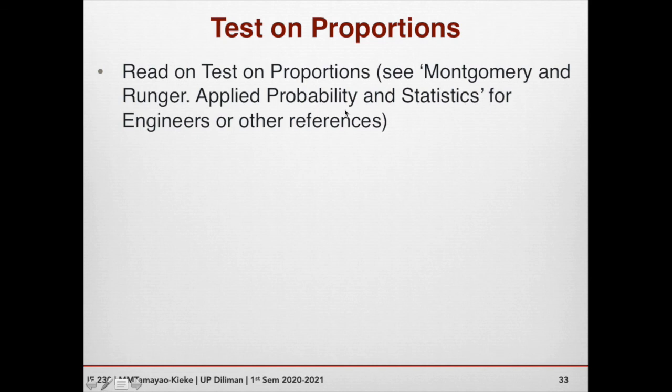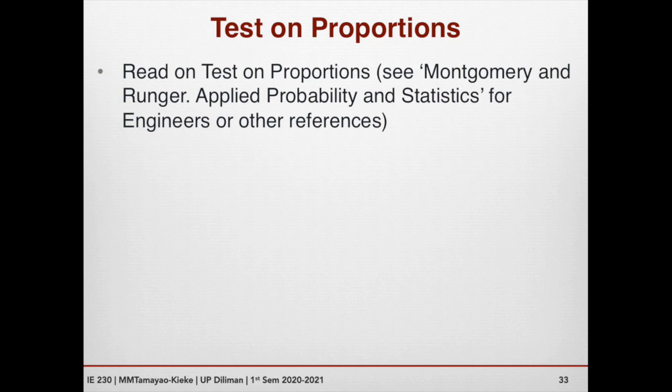There are other references. If you observe the pattern, there is a pattern in how to implement a test of hypothesis for different cases. You just have to know what kind of case you are dealing with. First, what the relevant null and alternative hypotheses should be.